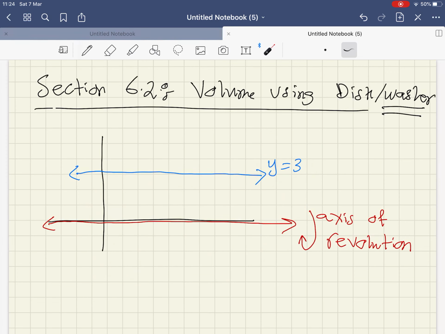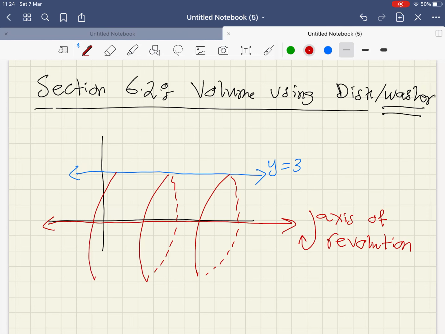The shape that we will get is kind of a cylinder. It's a 3D shape. And our task in this section is to find the volume of that cylinder. So if we revolve it, it will look like this. The dotted means it's from behind the screen.